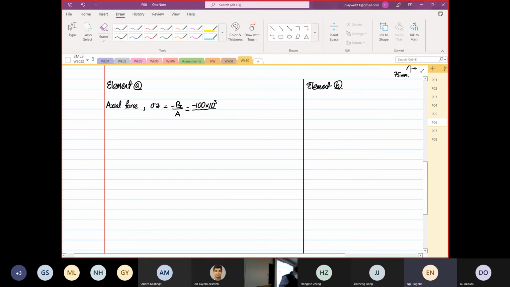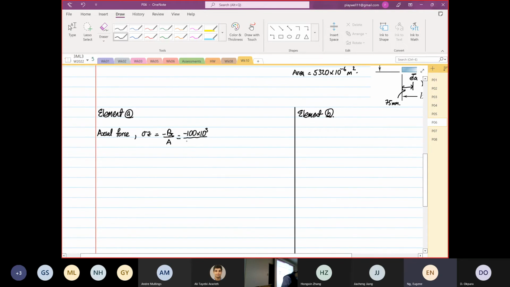The area is given as 5320 times 10 to the power minus 6. So this is equal to minus 18.797 times 10 to the power 6 Pascal.